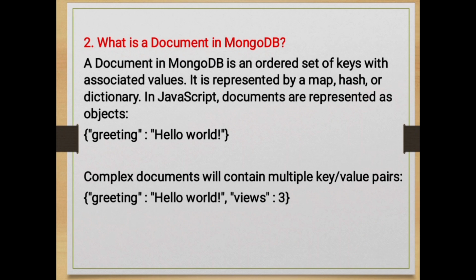That is, a key value pair where the key is greeting and the value is hello world. Complex documents will contain multiple key value pairs. For example, greeting hello world and views 3. Each key value pair is separated by a comma.